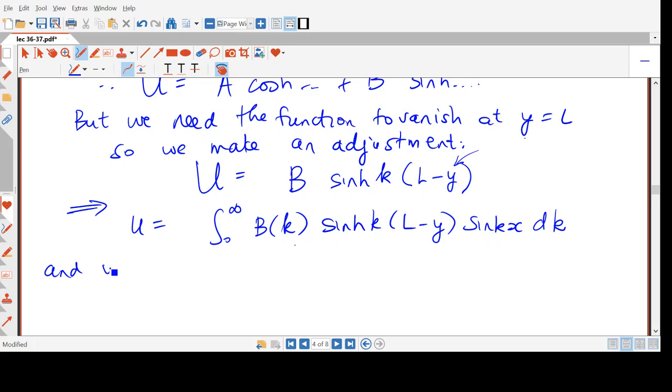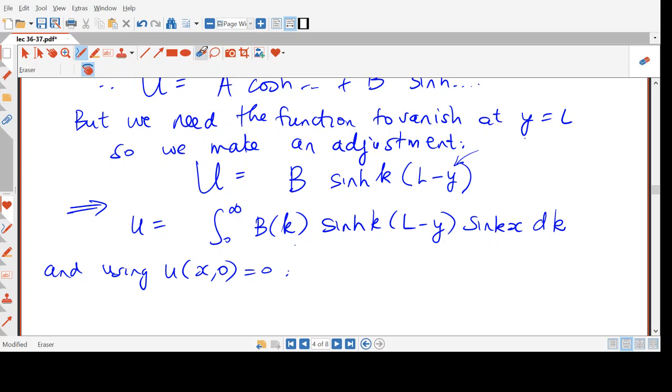And using the condition that u of x, naught, or u of x L, well, u of x L is equal to naught. No, let's use u of x naught equals f of x. We've already used u of x L because that's how we made it in L minus y.